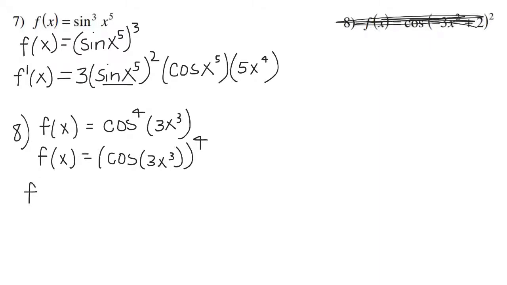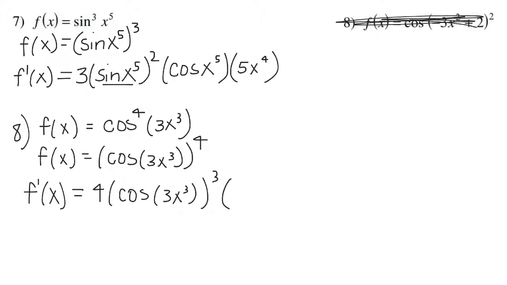Now you're ready for the derivative. So first part, deal with that power rule first. So it's going to be 4 cosine 3x cubed raised to the 3rd. Power rule first, get that out of the way. Times the derivative of cosine, which is negative sine of that angle. And what's the last thing I need to multiply by? Derivative of the angle. What's the derivative of the angle? 9x squared.